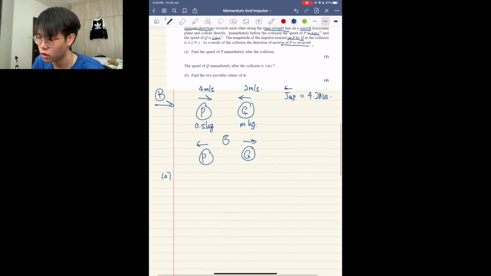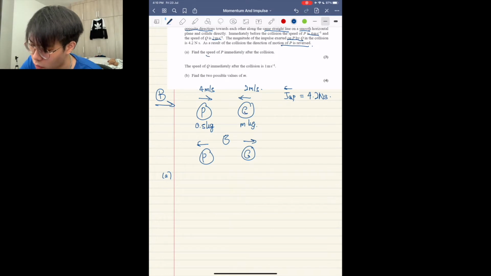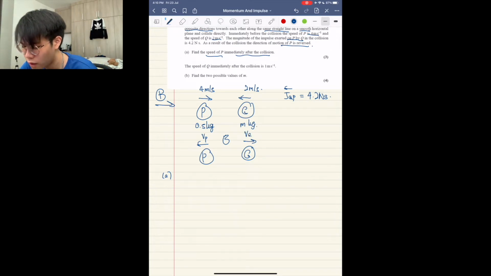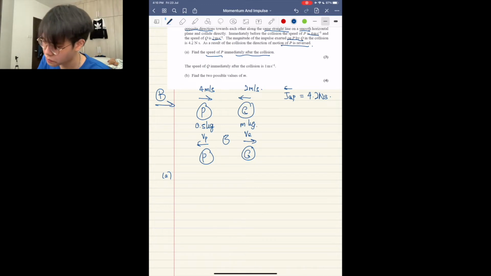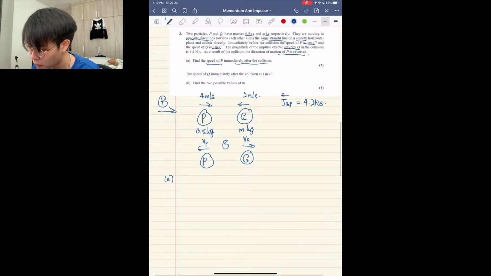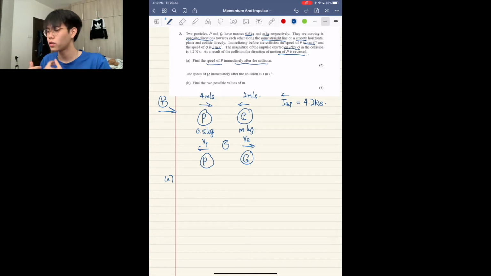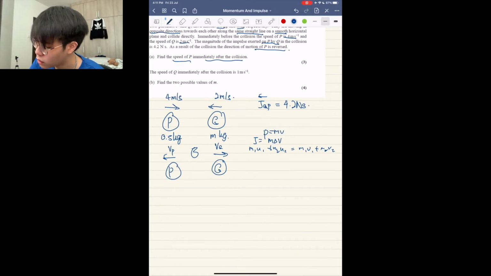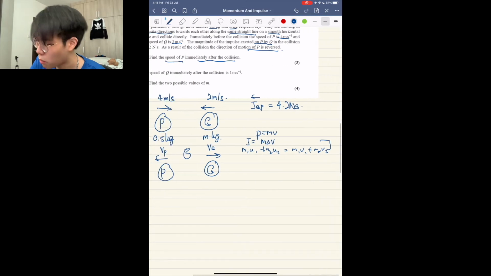For A, we need to find the speed of P immediately after the collision. Here we have VP and VQ, and they need us to find VP. First you need to think which equation you should use, because we have three equations. These two equations are the most used in momentum and impulse questions.